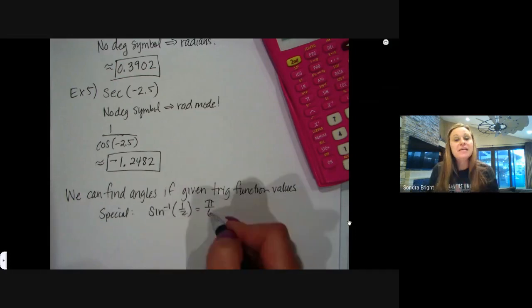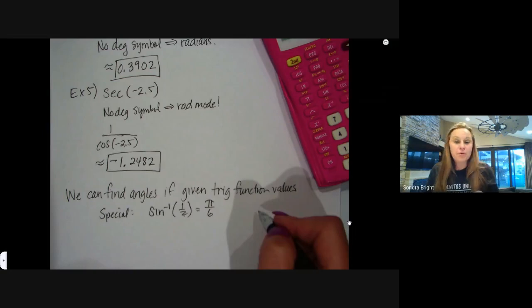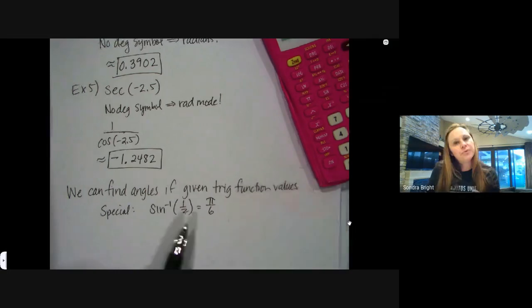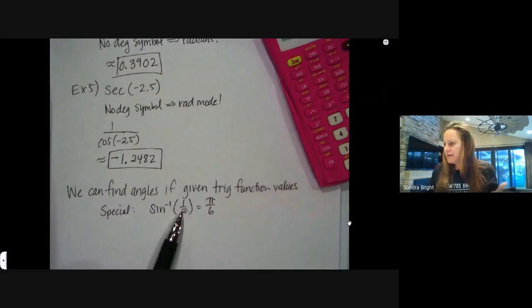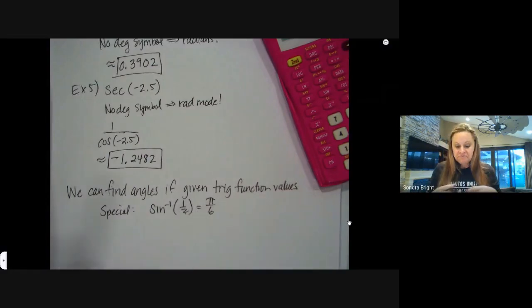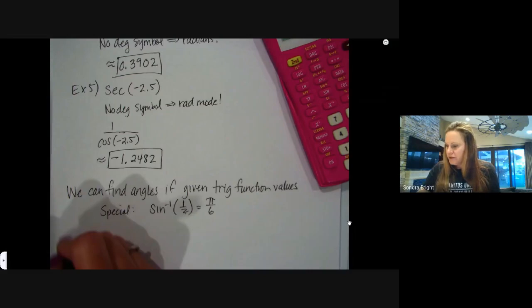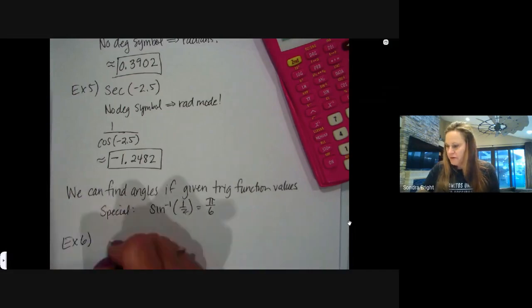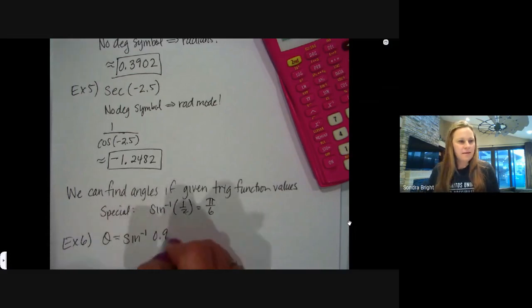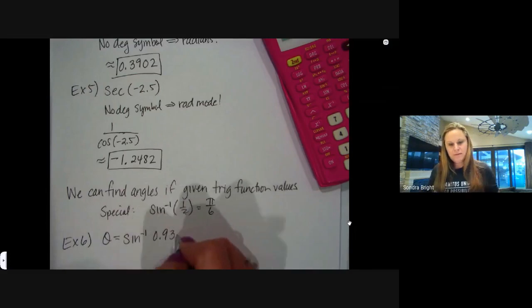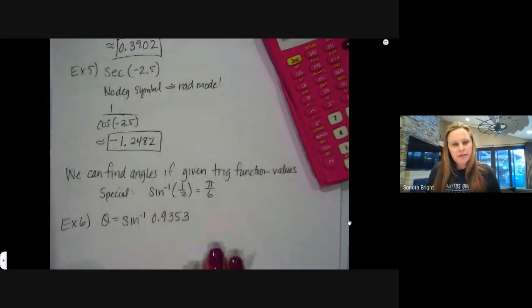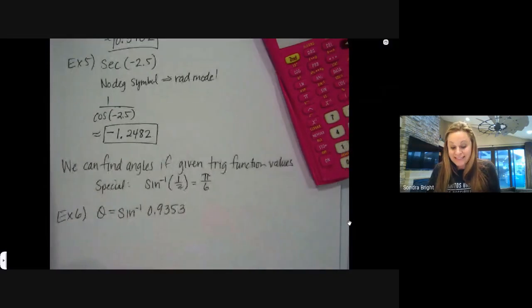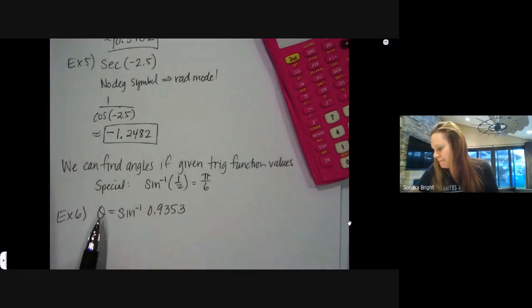Okay, so let's do ones where they weren't memorized values, right? You memorized 1/2 and root 3 over 2 and root 2 over 2 and things like that. Now it's going to be decimals, that we don't know the angle, but we can find it using our calculator. So, what if I say to you, theta is equal to inverse sine of 0.9353, and remember I told you your author uses theta to represent degrees, so that means it's degree mode.